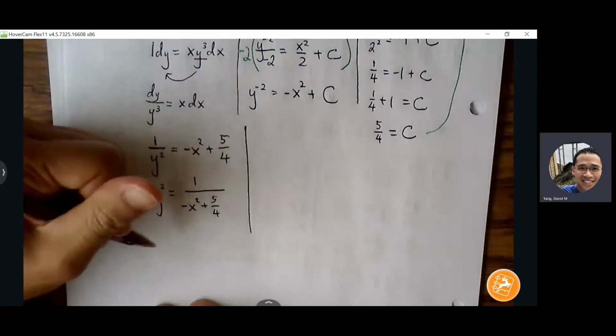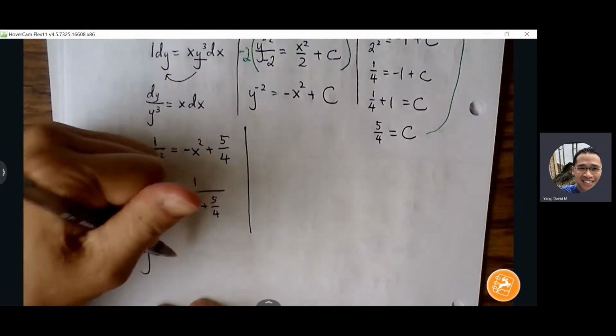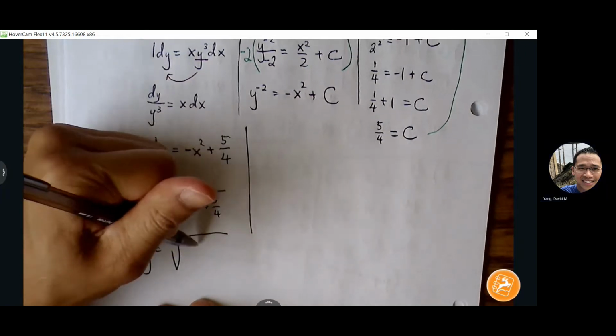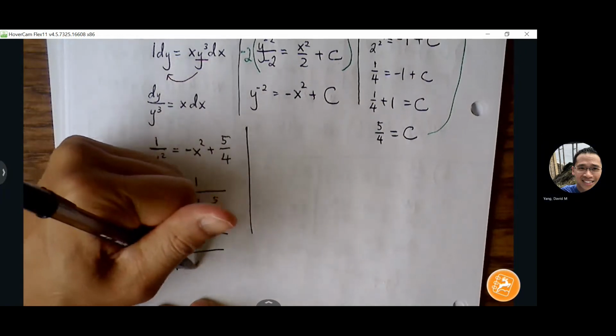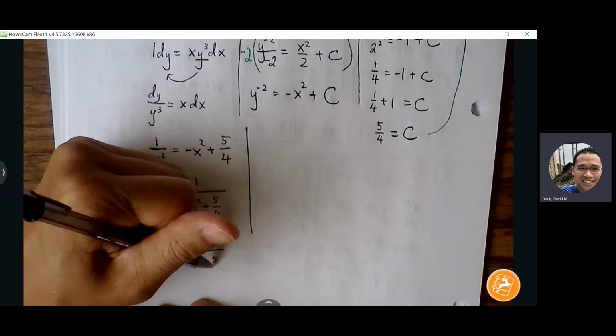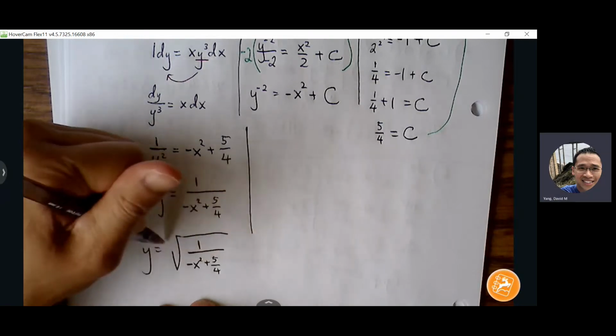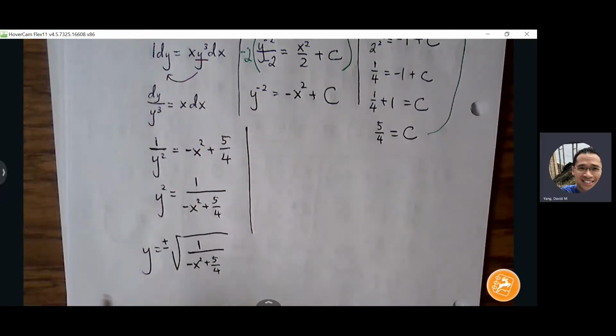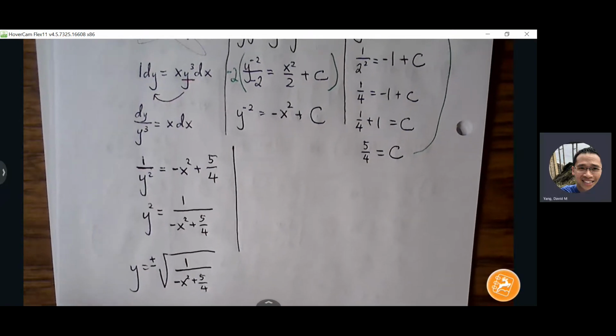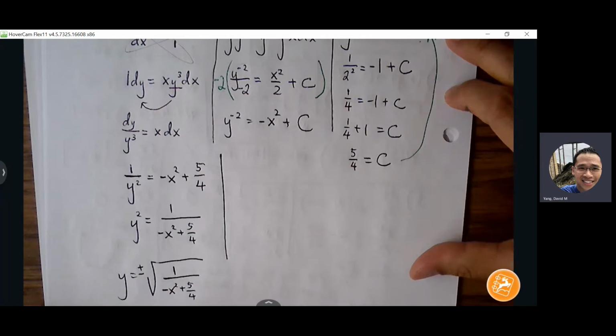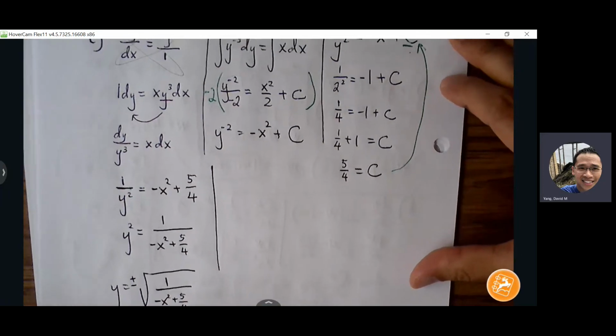And now, almost there, what can I do to get y by itself? Take the square root. But something happens though when I take the square root. How many solutions show up? Because of the what? Plus or minus. Okay, these are two solutions, but I only want one solution. So how do I know which solution to choose between the positive or the negative?